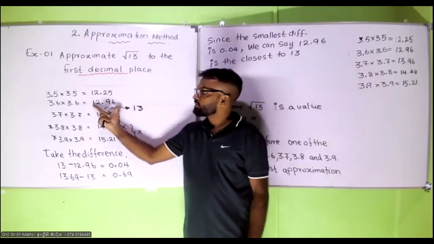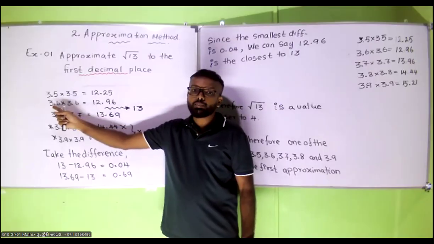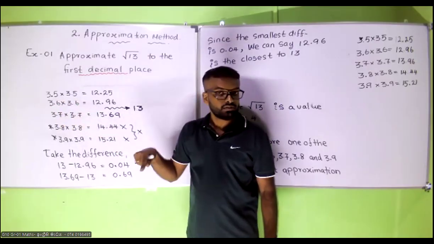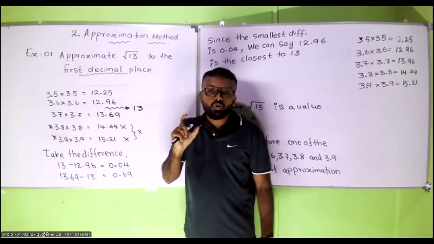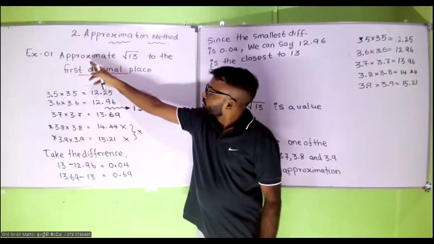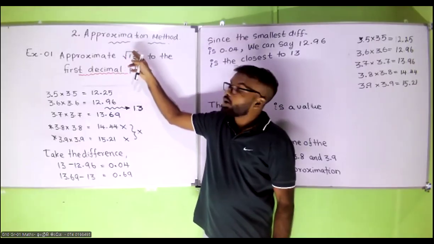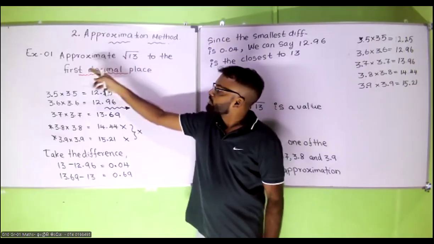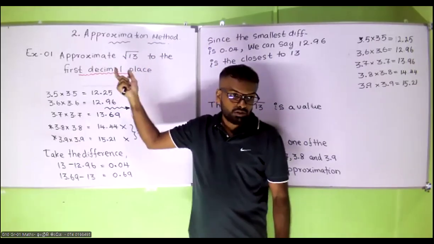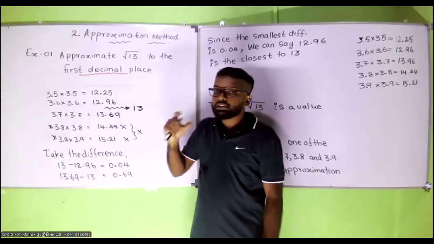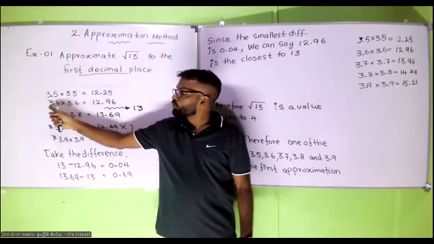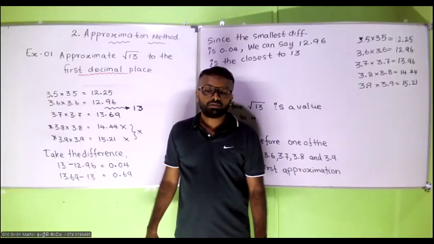So 12.96 can be written as 3.6 into 3.6. So to approximate square root 13 to the first decimal place, or the first approximation, the square root of 13 is very close to 3.6, right?